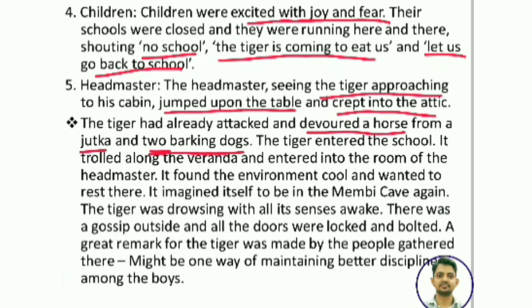It entered the school and found the environment of the school very cool. So what happened? Another time the tiger was imagining itself to be in the Membi cave. Again, it means the tiger was caught from the Membi cave. Then the tiger felt drowsiness, but all its senses were awakened and listening to everything going on.